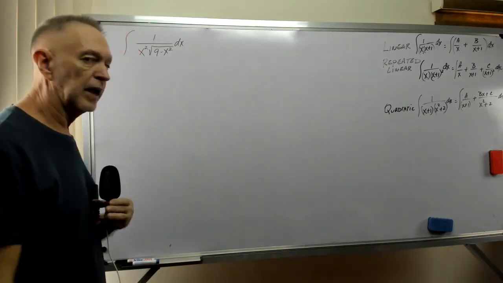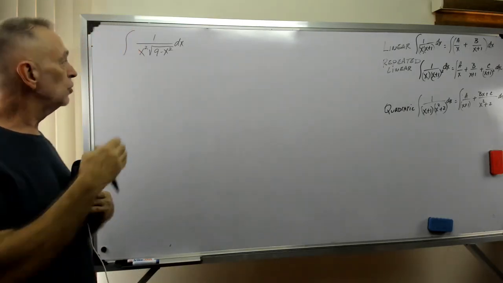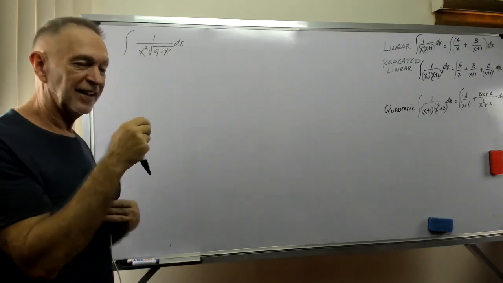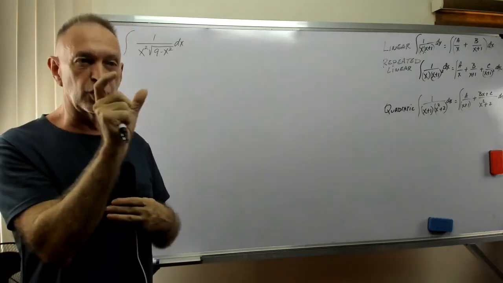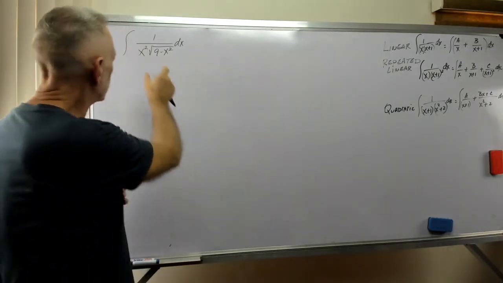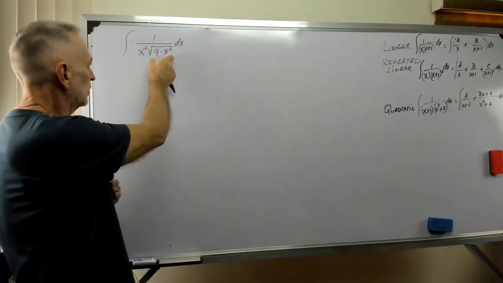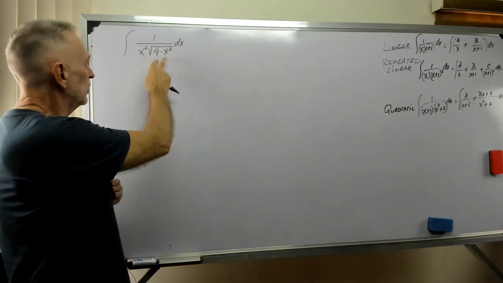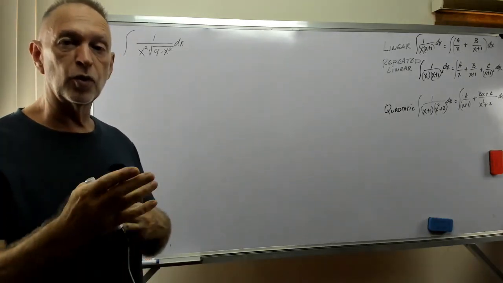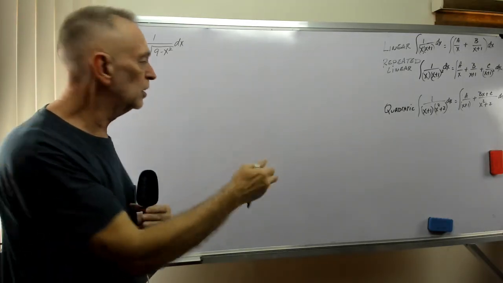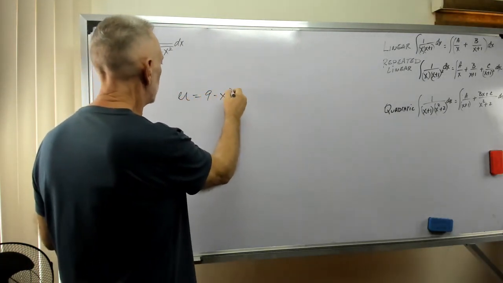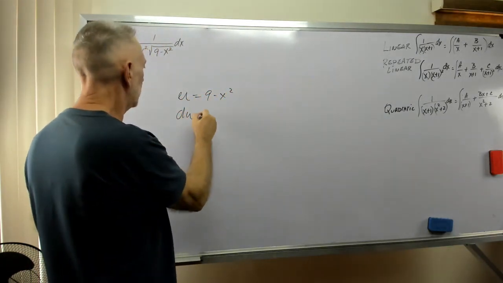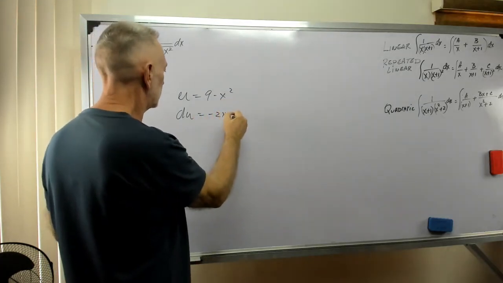integrated on dx. Okay, you can see in general when you do say a u sub, you're looking at what the parentheses is typically. In this case I've got a radical with 9 minus x squared. If someone said, hey, let's do a u sub, well, if u equals 9 minus x squared, du equals minus 2x dx.